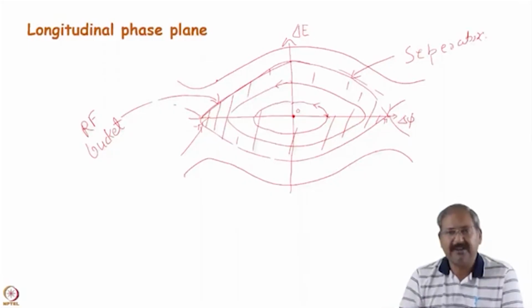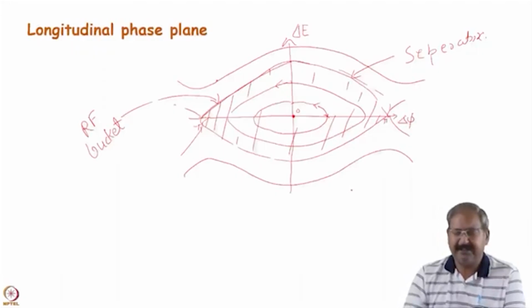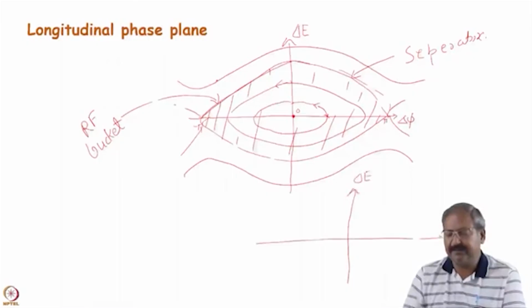If dB by dt is non-zero, meaning we are boosting the energy, in this case the shape of the RF bucket changes and it becomes like this. Delta E, delta phi, and this is the phi s, so like this.